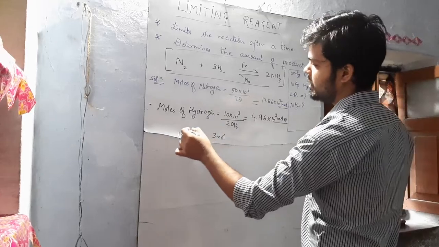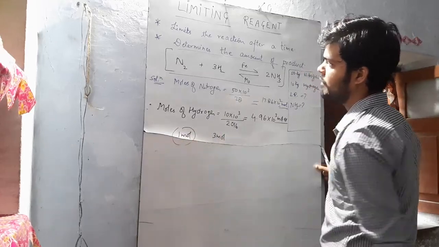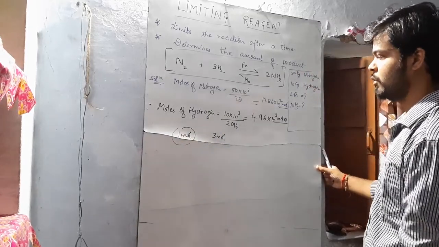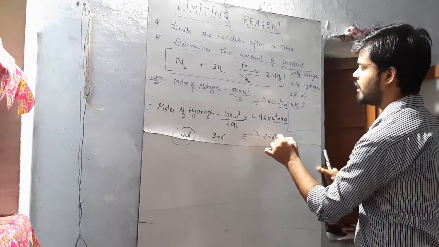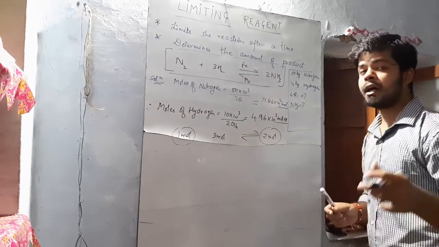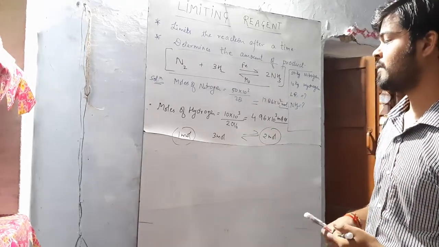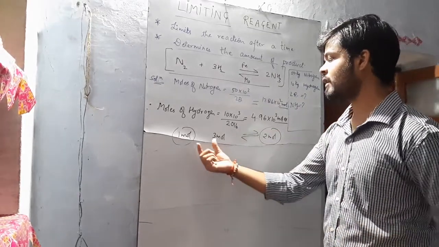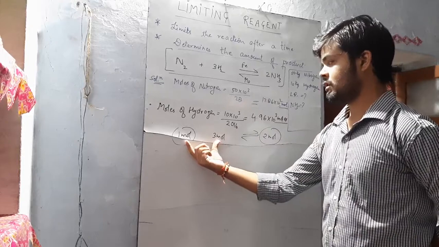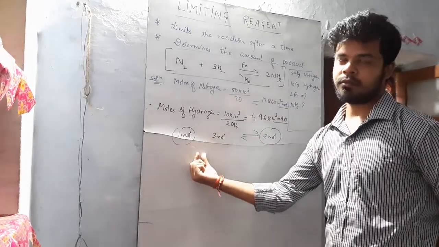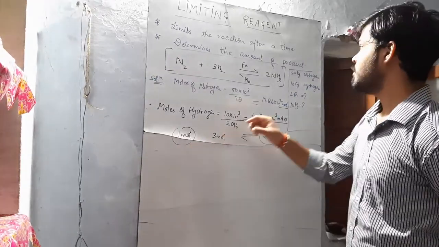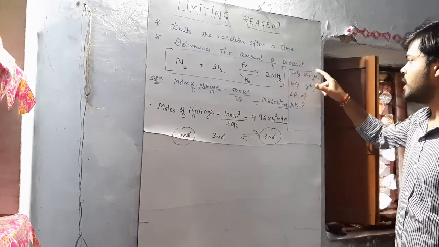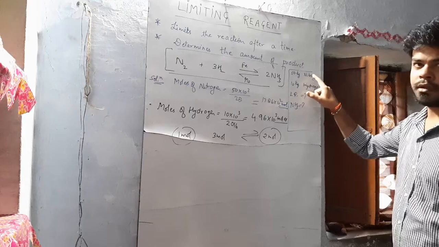So we can see that here 1 mole of nitrogen reacts with 3 moles of hydrogen, and it gives 2 moles of ammonia. As I have told you, we have to only consider the reactants here, because we are interested in nitrogen and hydrogen.